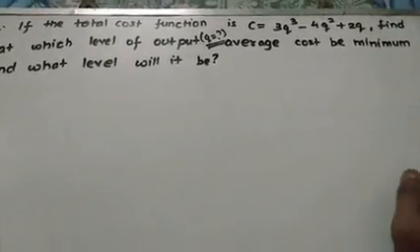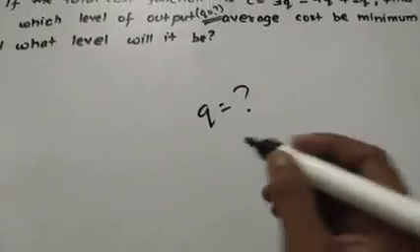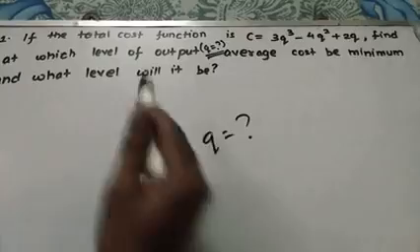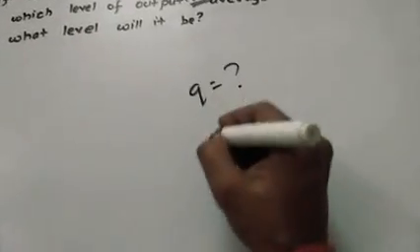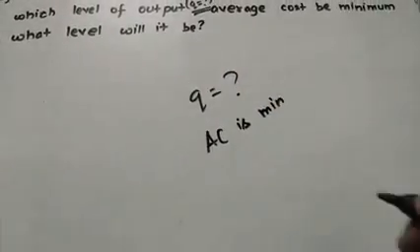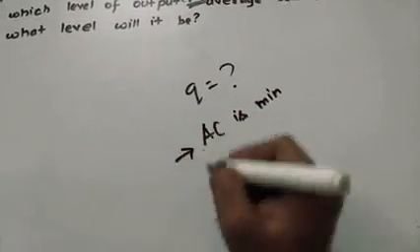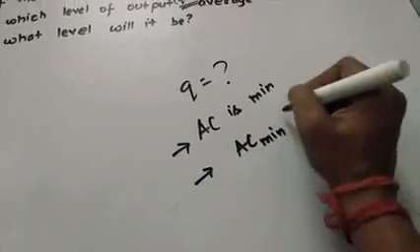That means at what value of q, that is at what level of output, the average cost, that is AC, is minimum. We have to first find that, and also we have to find the AC minimum value.